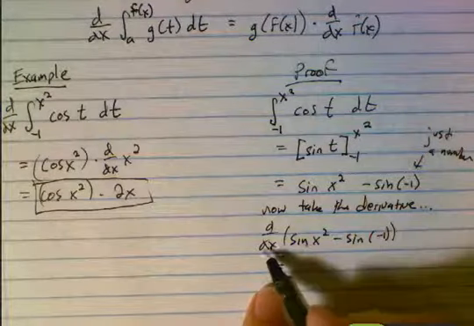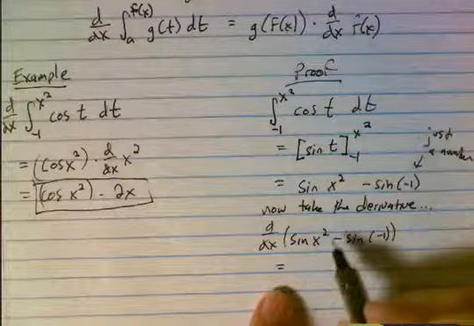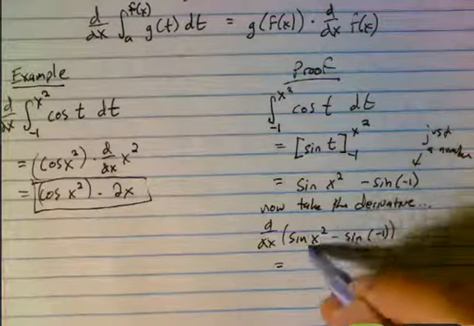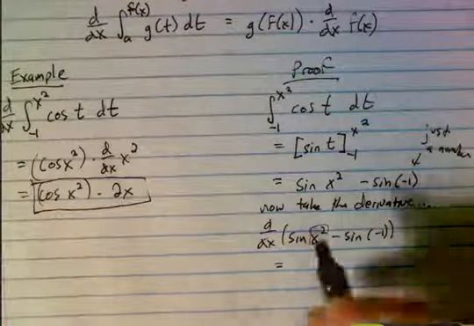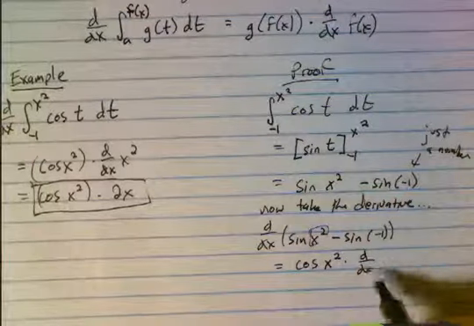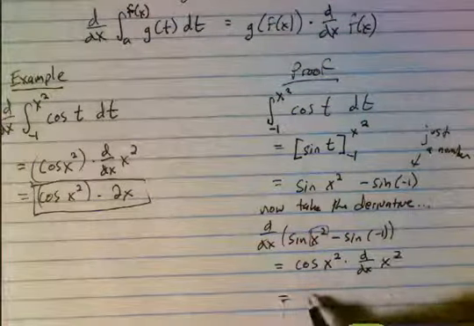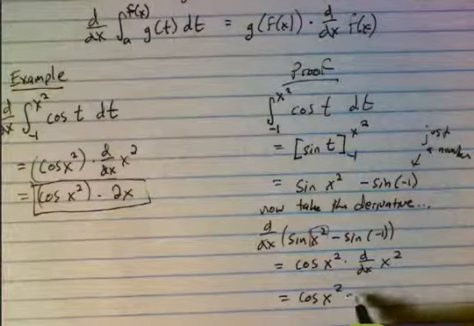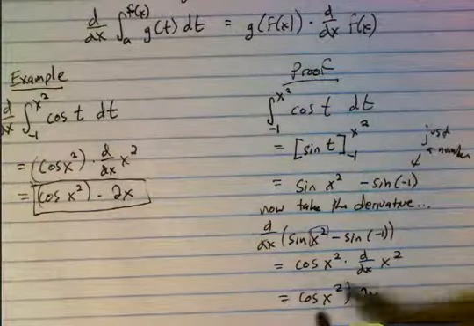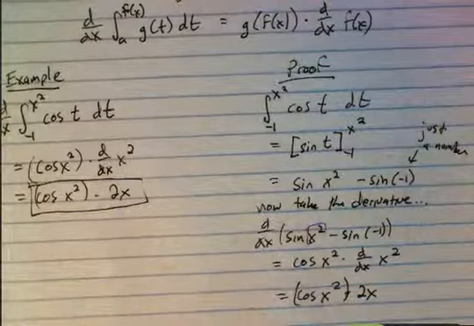So we're really just doing the derivative of sine of x squared. That's a composite function, so we take the derivative of the outside times the derivative of the inside. Voila! Matches just what we had there.